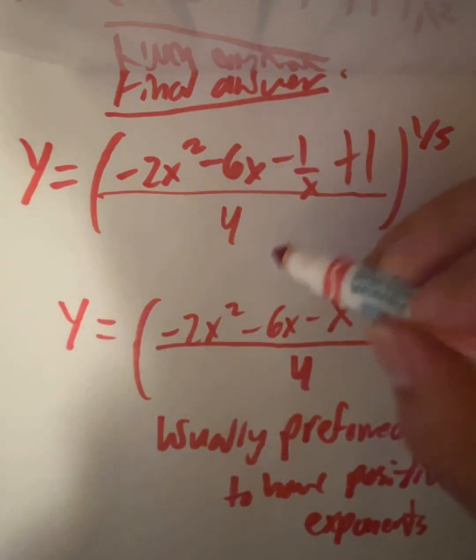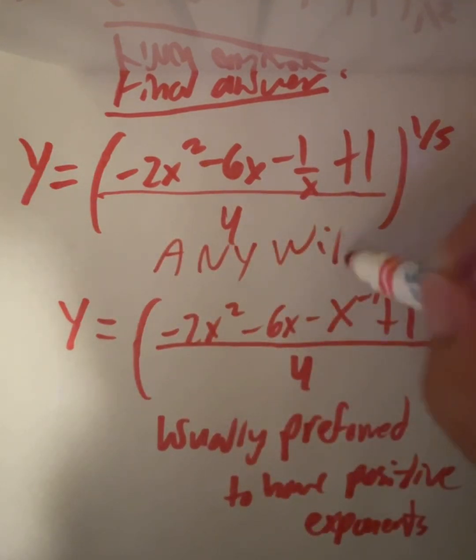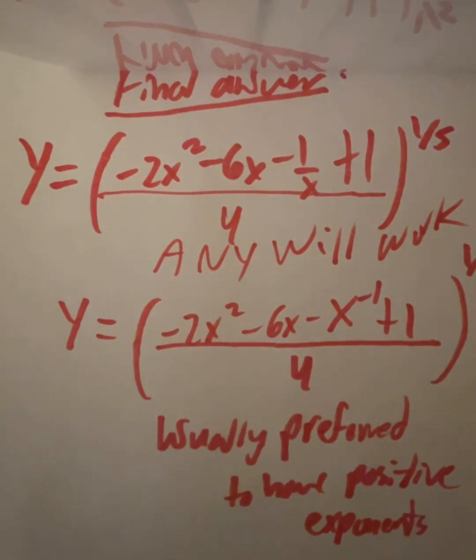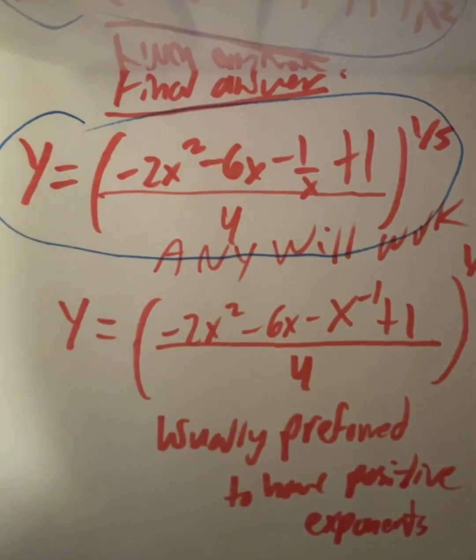But any of these will work. You can keep it either way, but I'll just personally use the top just to have positive exponents. Nothing can be done further to simplify, so this is the final answer. Nothing can be simplified any further. And so thank you for watching, and I hope this was helpful.